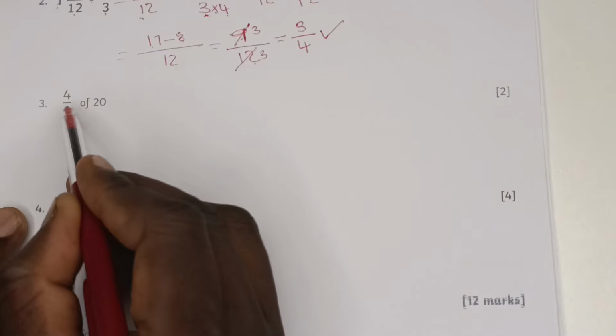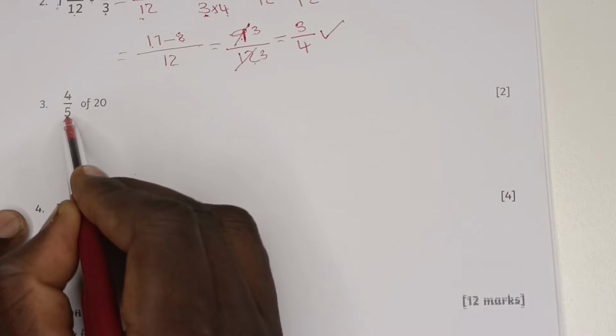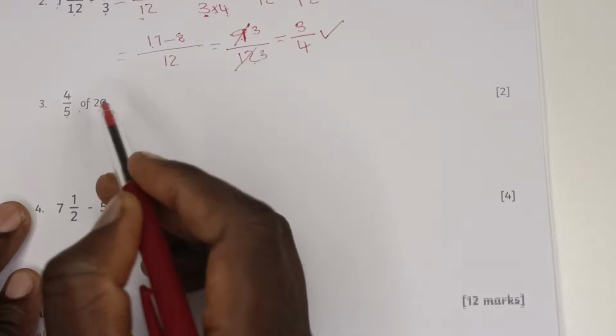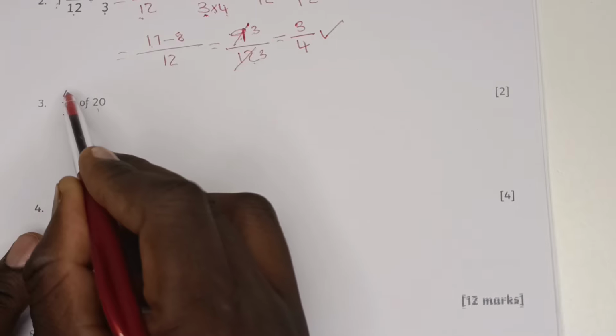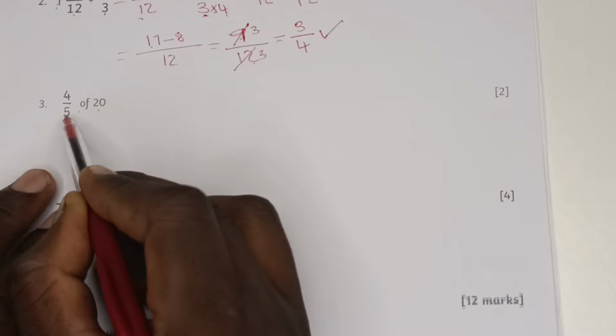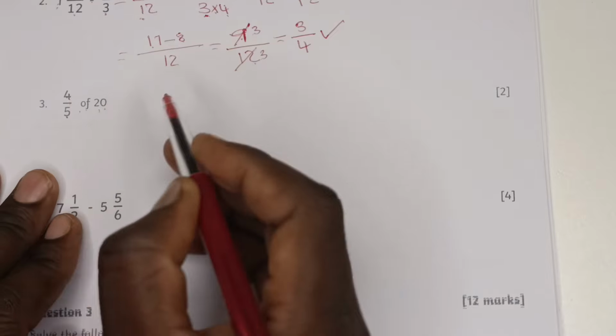Then now we come to 4 over 5 of 20. This is 4 over 5 multiplied by 20.